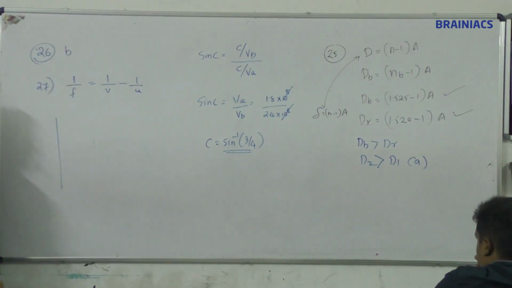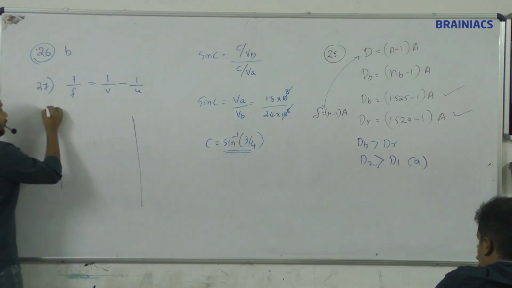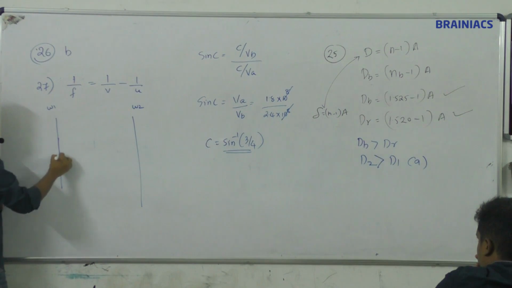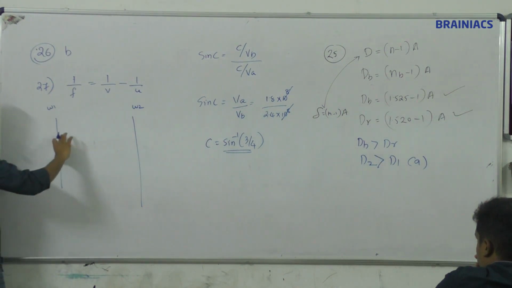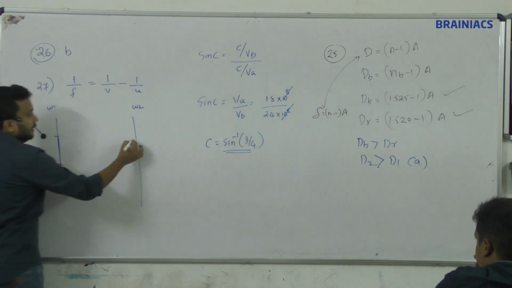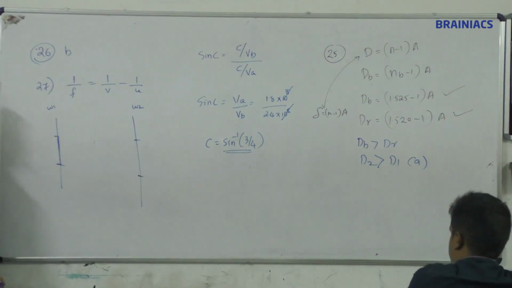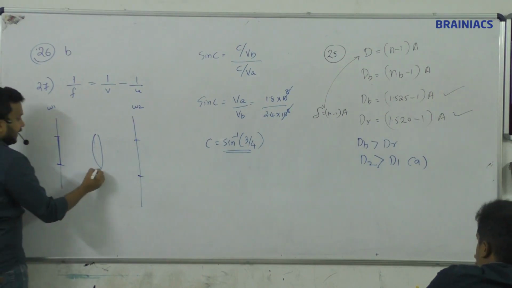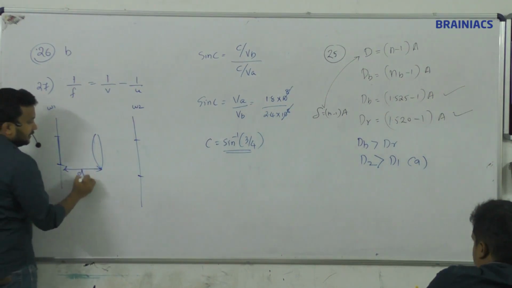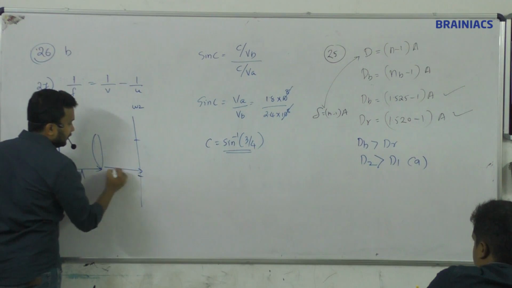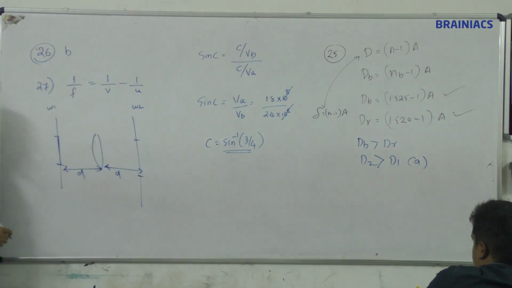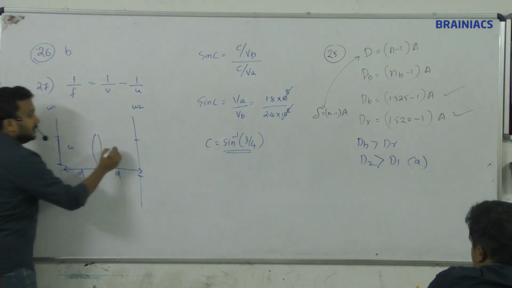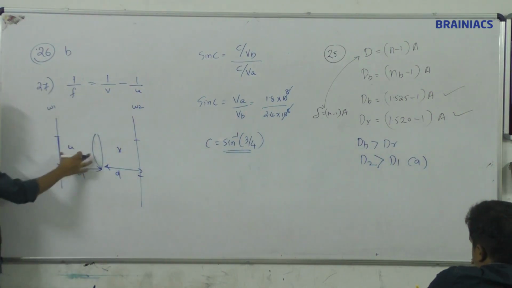Look, this is the first wall and this is the second wall. An object is placed here. I know the same size, same height of image will be formed on the other side. In between, I placed a convex lens. This is D meters ahead of the second wall, for example. These distances are equal: the distance to the object and the distance to the image.